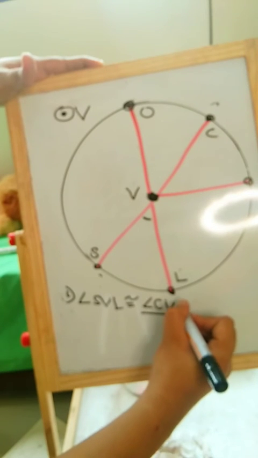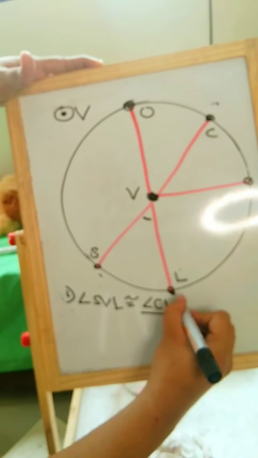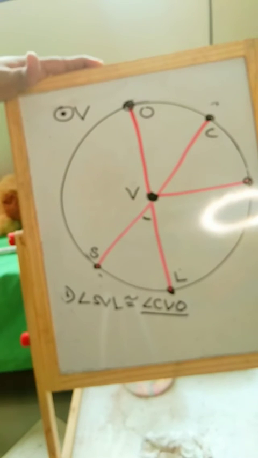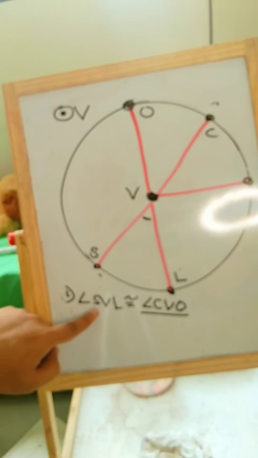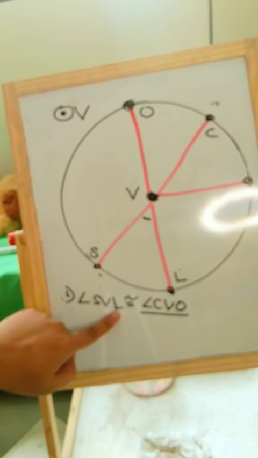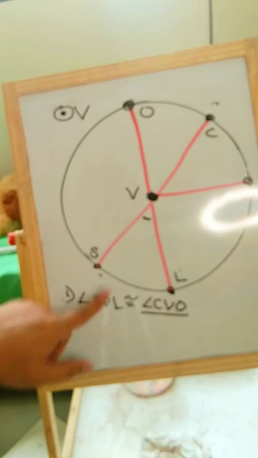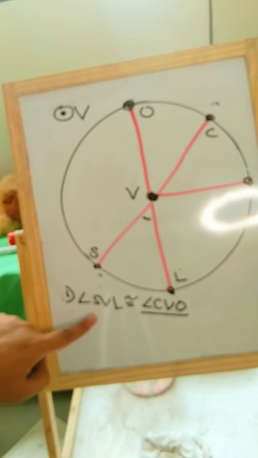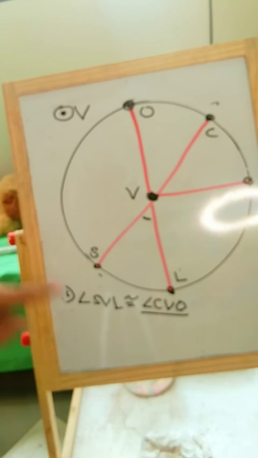Hindi pwedeng palitan yung pwesto ni letter V. Ito kasi yung vertex. Nasa kanya yung angle. So, hindi mo pwedeng palitan yung gitna. Okay? The same goes with this, dun sa given na angle. Okay? You can also name this particular angle here as angle LVS. Okay? The V, which is the vertex of this particular angle, should always be in the middle when you name it.